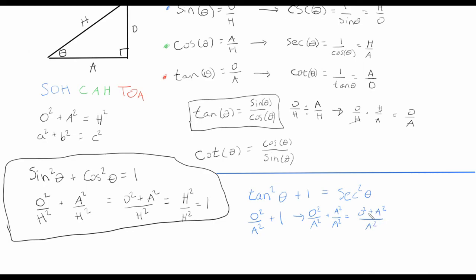And again, there's the original Pythagorean theorem showing up: o squared plus a squared equals h squared. So let's substitute in an h squared over a squared. We take a quick look back at our original six trig functions, and h over a is secant, so we know this is secant squared theta.